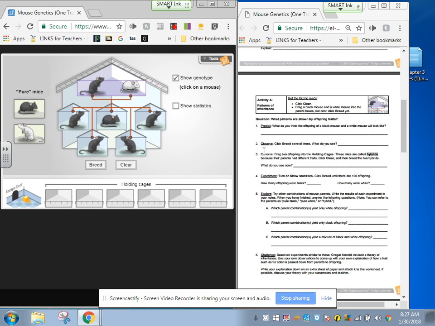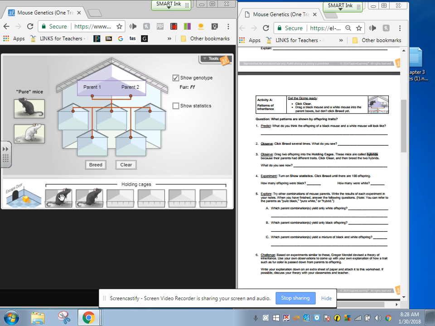So check your paper. Number three, observe, drag two offspring into the holding cages. Let me do that. Here's an offspring. Here's an offspring. All right, these mice are called hybrids because their parents had different traits. Click clear and then breed the two hybrids. So I click clear. So a hybrid, right?